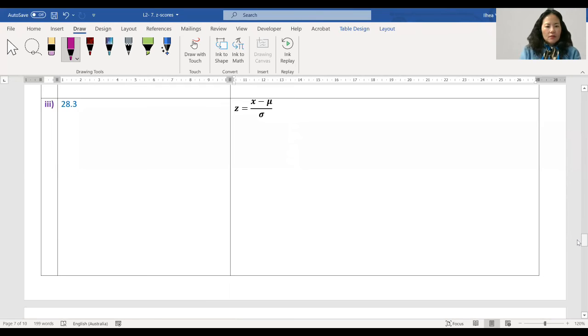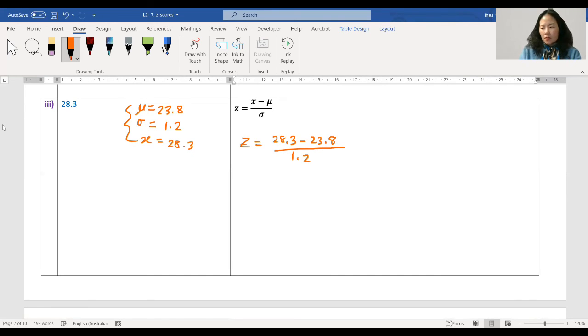Okay, let's have a look at the next one. The raw marks 28.3. So let's put that in. Raw 28.3, take away mu 23.8 and divided by 1.2. Okay, so it's going to be positive, so it's above. It's going to be 3.75.